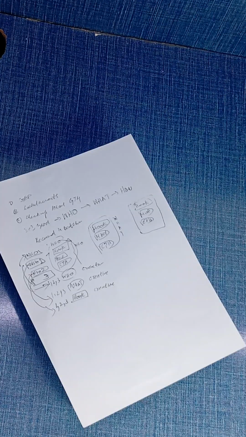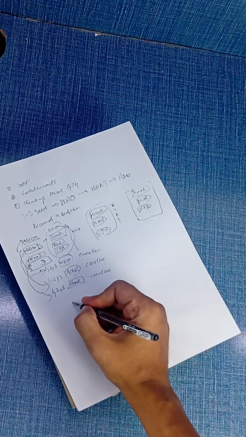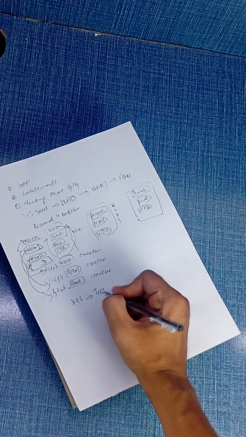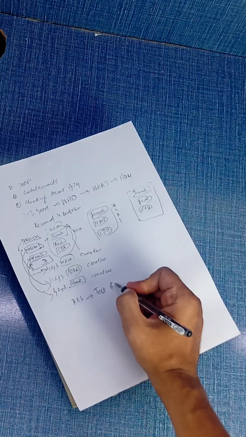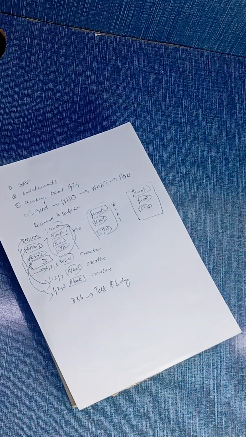So we run those 3 by 3 grids to test, simply at a dollar a day. We can obviously add on to the budget, but it's a testing phase.